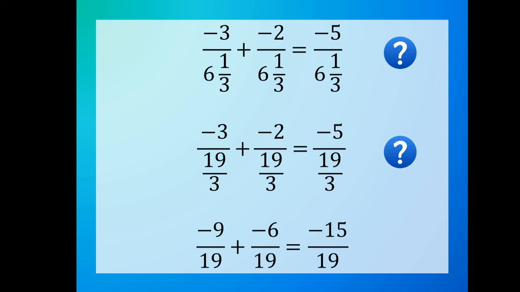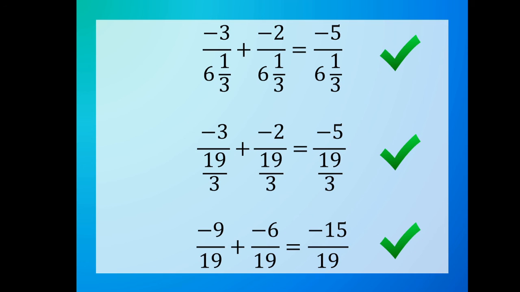And actually now we do know this is true. We do know that if we have numerators and denominators with positive or negative integers, you can add fractions this way. Add the numerators but keep the denominators the same. Because we know the last line is true, we know the middle line is true, and that the first line is true. Therefore, we now know that -3 over 6 1/3 plus -2 over 6 1/3 is indeed equal to -5 over 6 1/3.